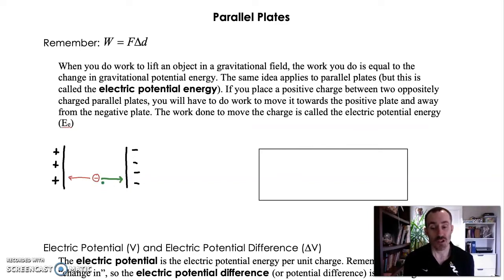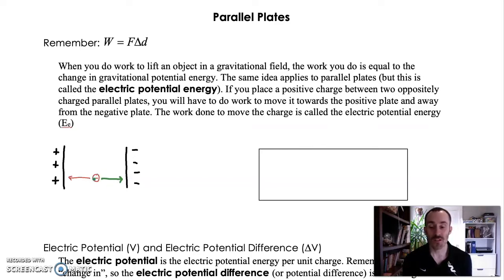As you push this negative charge toward the negative plate, it's going to want to move the other way more and more and more. So this negative plate is going to be pushing harder on this negative charge in order to get it to move this way. Okay? And so it's almost like you're compressing a spring when you're moving it that way. You're moving it against the field, and that would be called work.